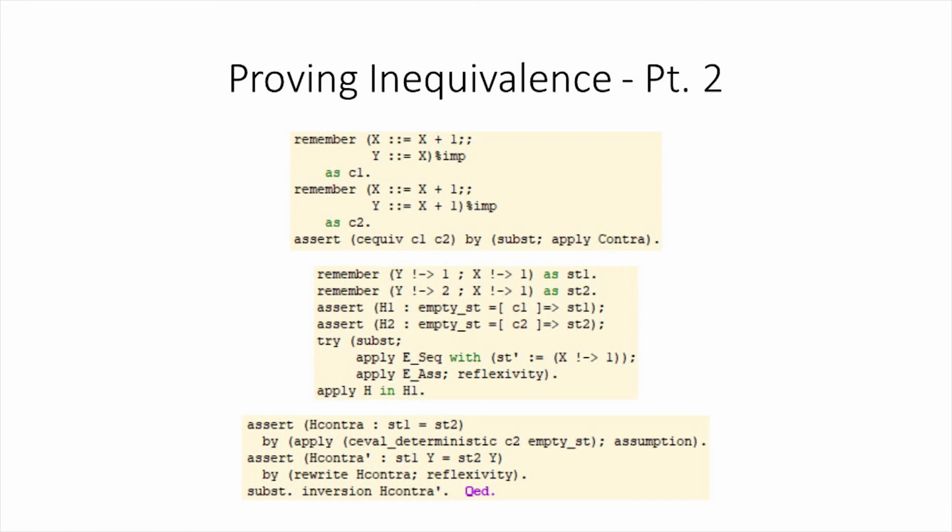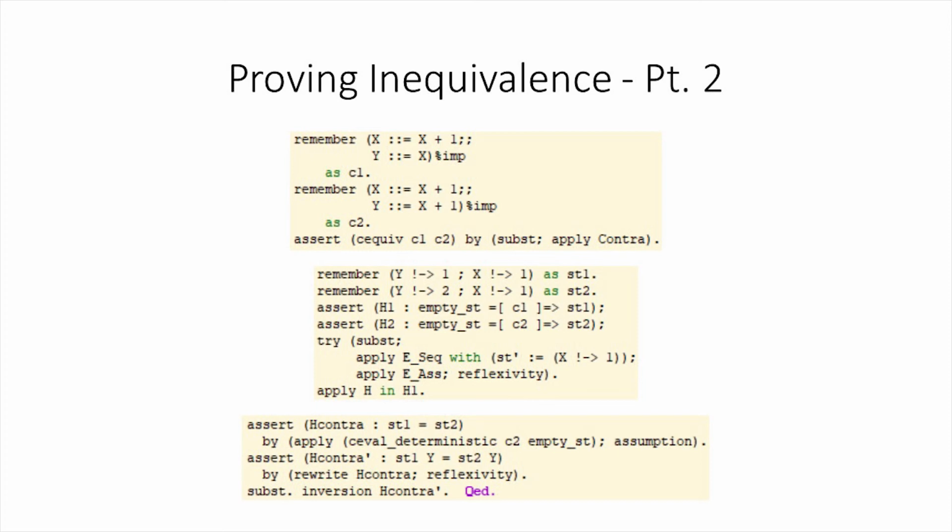So by the definition of command equivalence, we have x is equal to x plus 1, y is equal to x plus 1 produces state 1, and then we have the same, x is equal to x plus 1, y is equal to x plus 1 yields state 2.